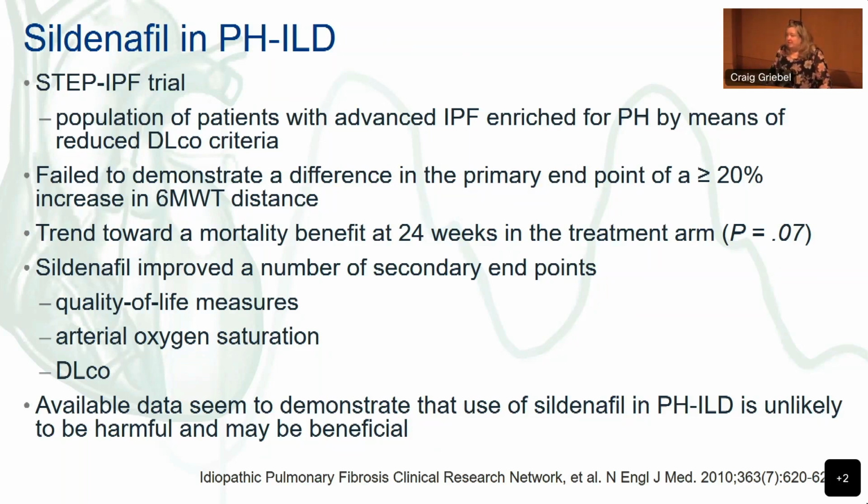There seemed to be a trend towards a mortality benefit, and it seemed to improve some quality of life measures. Oxygen saturation was not a problem. Maybe diffusion was better. Investigators felt that sildenafil was probably not harmful, maybe could be beneficial, but were kind of wishy-washy on any real conclusive evidence.